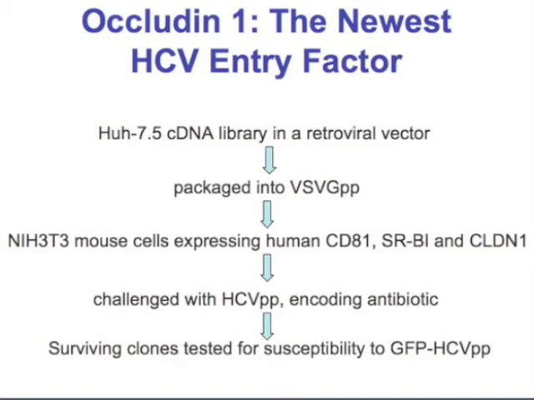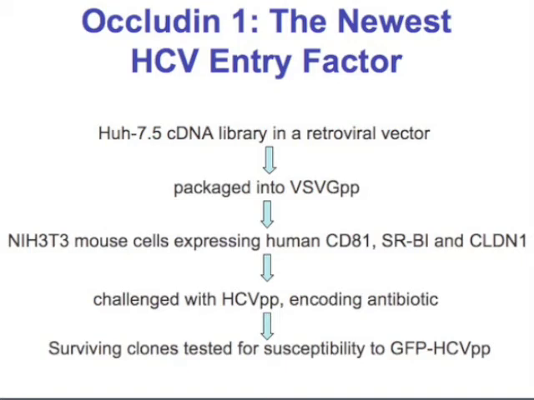They'd already known that if you put these three proteins on mouse cells, HCV was incapable of infecting them. So they wanted to identify an additional protein in HUH7 cells that would allow entry into mouse cells expressing these three other receptors.